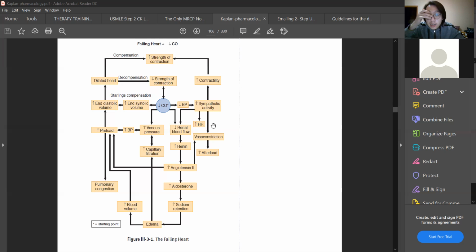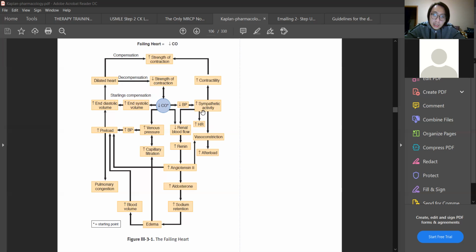So next will be your sympathoadrenergic system. Your sympathoadrenergic system is activated as a response to the decrease of your heart contractility, because your heart is failing, right? So it will try to compensate. That is why there is an increase of sympathetic activity.